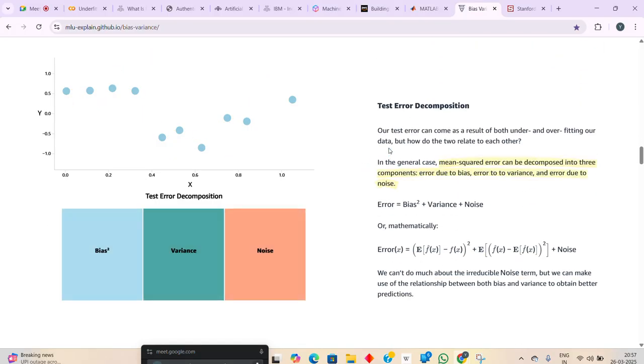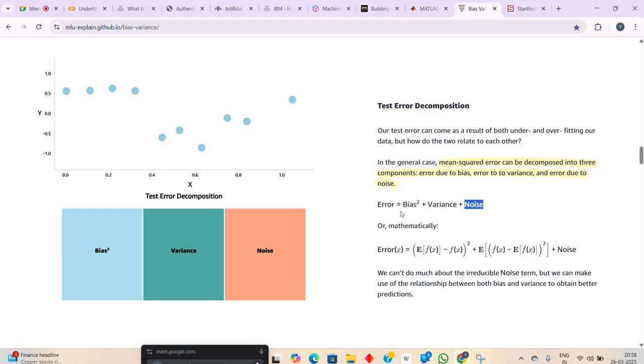Ideally, in the general case, the mean square error can be decomposed into three components: error due to bias, squared, plus variance, and error due to the noise. We can even skip the noise one, but of course in real time data sets have some sort of noise.